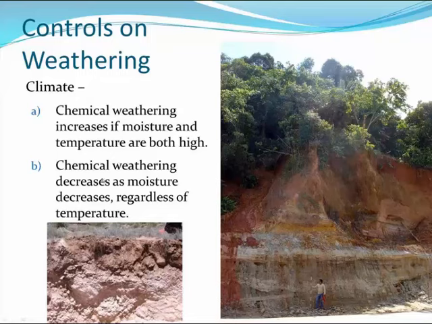And then chemical weathering decreases as moisture decreases, regardless of the temperature. So if you have soils that are forming in the desert, and they do form in the desert, just not very rapidly, there are just very few chemical processes taking place in this soil.